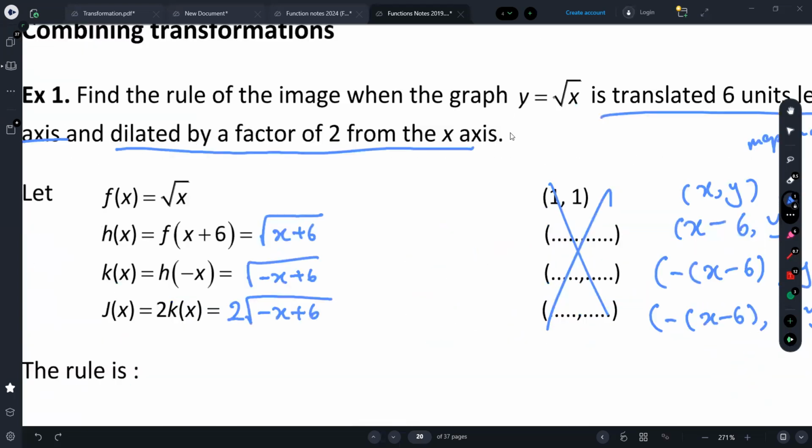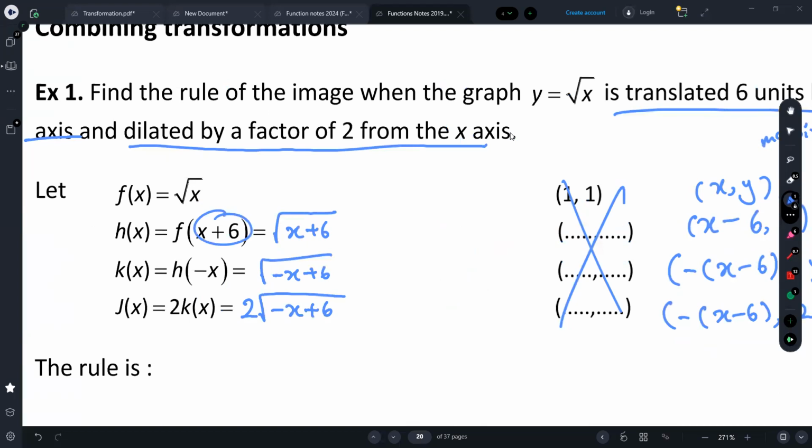Something that's very important when you have something affecting the x value on the inside of the graph, like this, you see how you're tacking stuff onto the x, right? I want you to think of it like this. I don't want you to think of it as adding a 6 behind the x. I want you to think of it as whatever x you had originally, get rid of it, and then replace it with that.